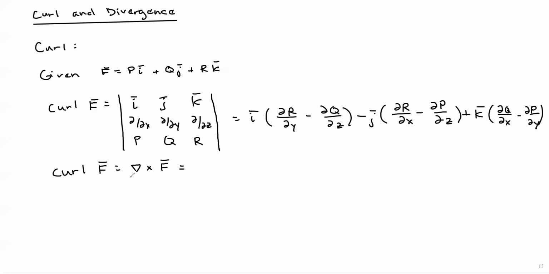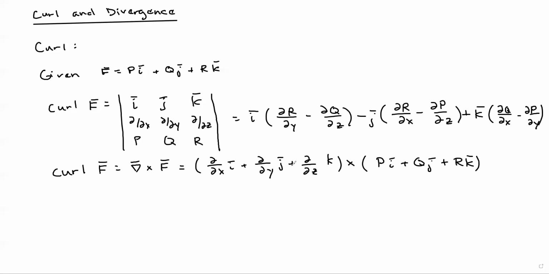If you think of the gradient as a vector, it's the partial with respect to x i plus the partial with respect to y j plus the partial with respect to z k, and if you cross it with the vector field F, which is Pi plus Qj plus Rk, it produces the curl. These are going to be the same.